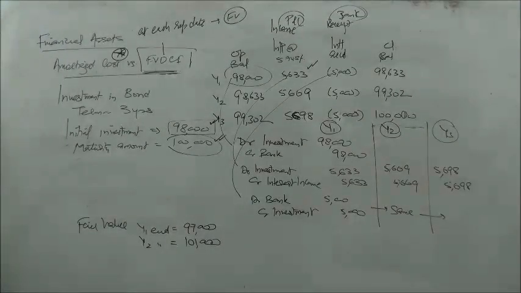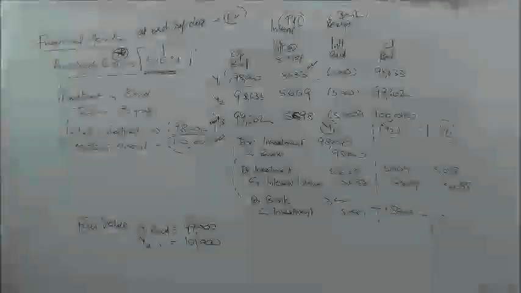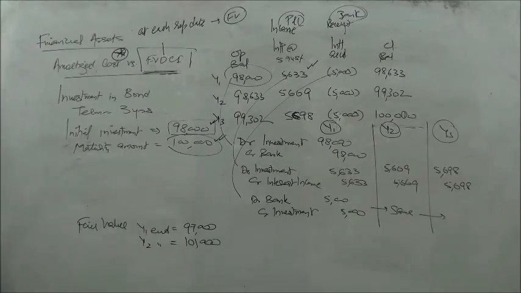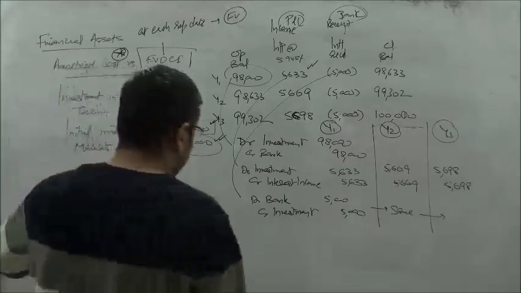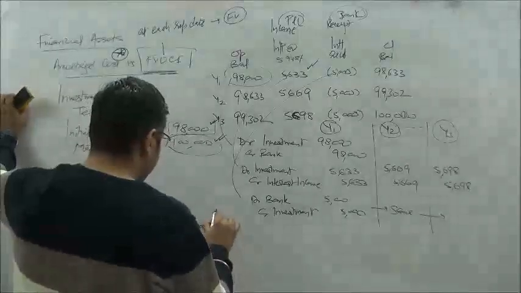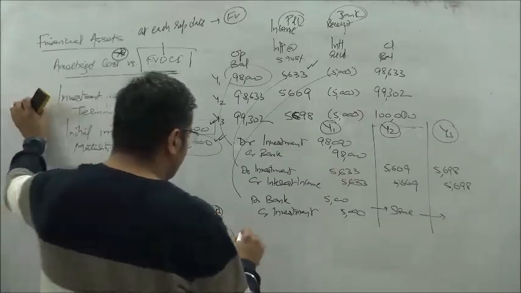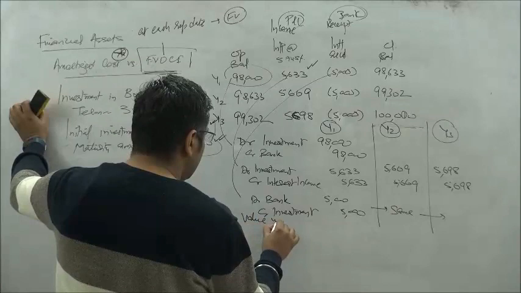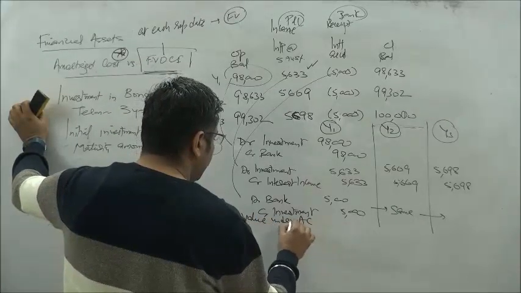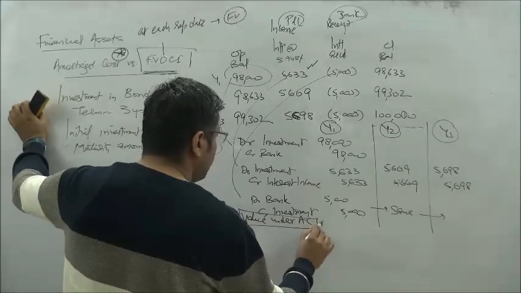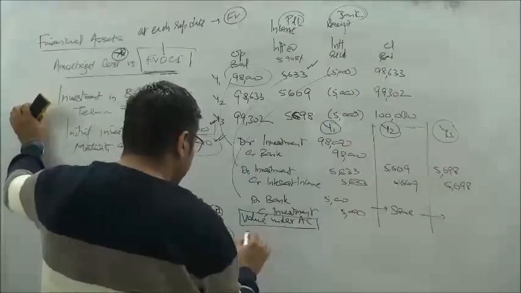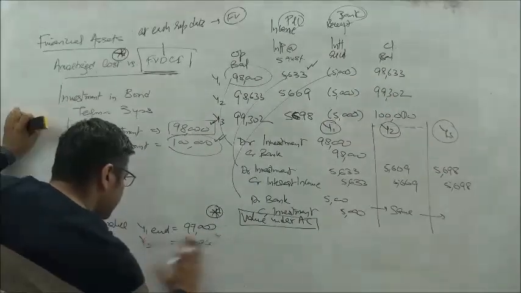We are saying that when I have my investments shown at 98,000 to begin with, all right, so precisely my closing figure for year 1, right, so these are the fair values, my value under amortized cost method in year 1 is 98. So let's use this space even bigger.